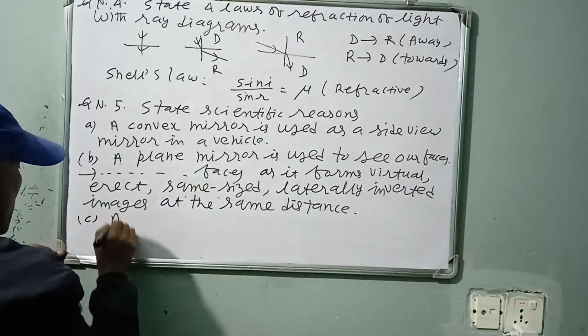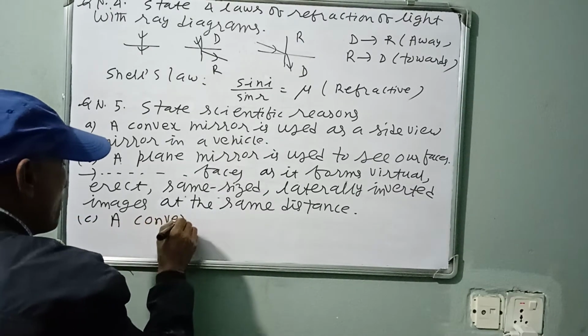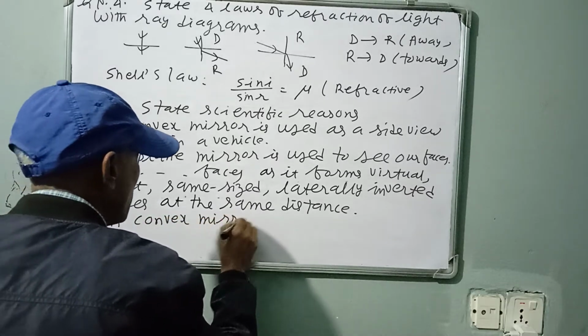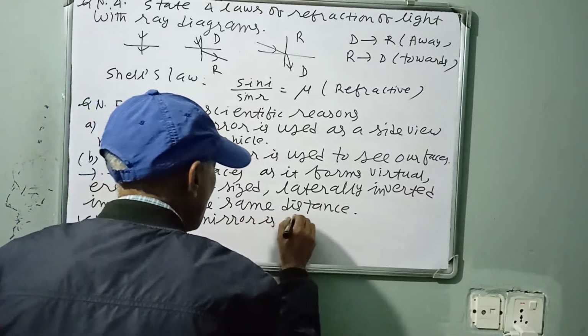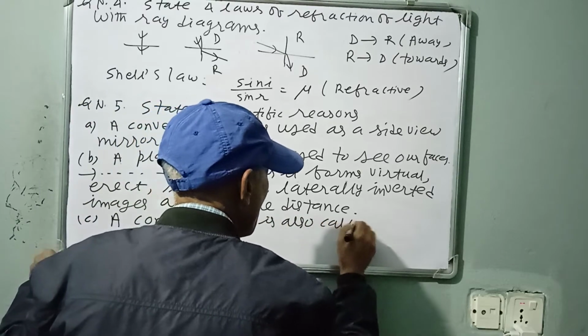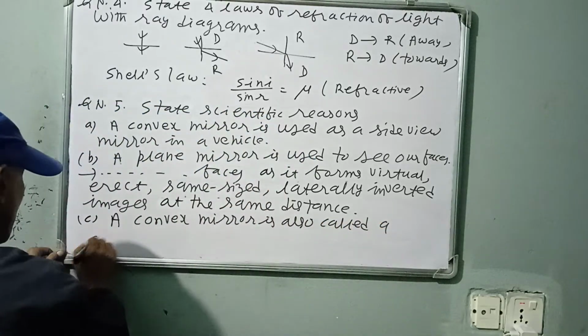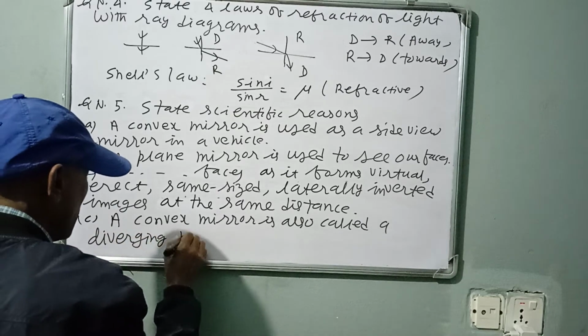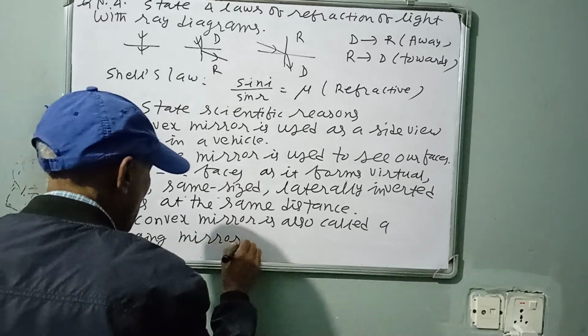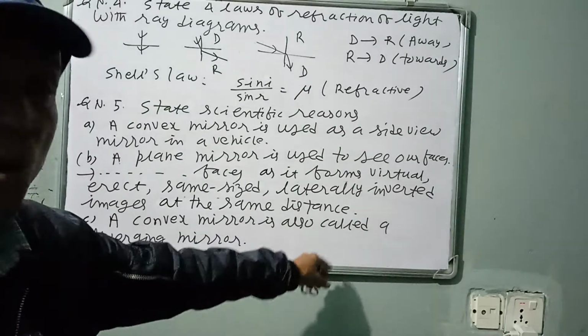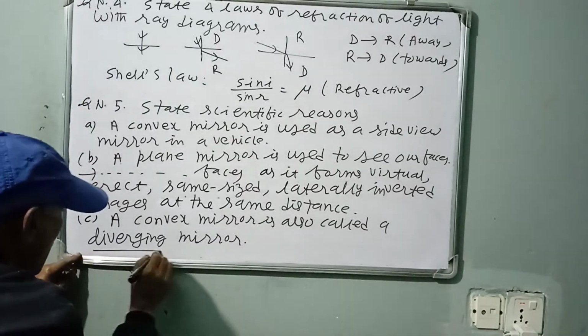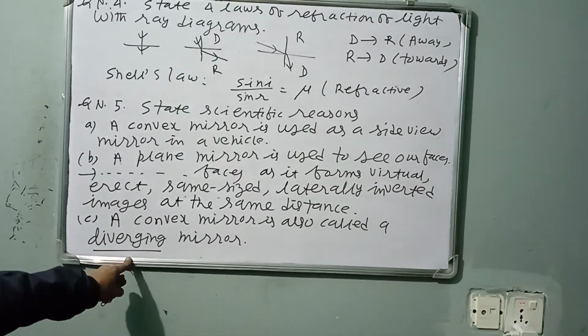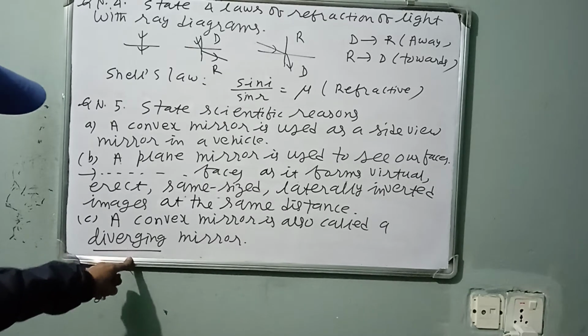C, a convex mirror is also called a diverging mirror because it diverges parallel rays of light.